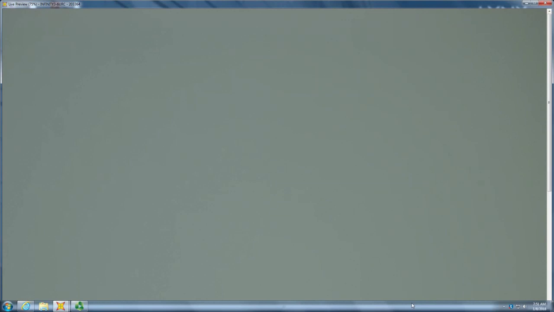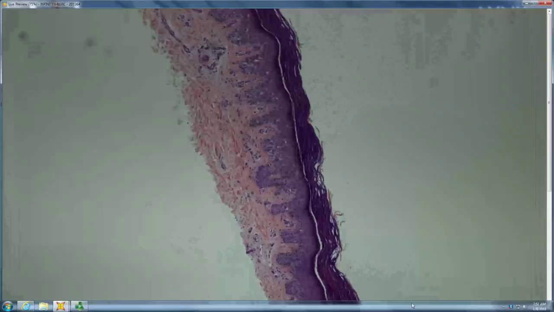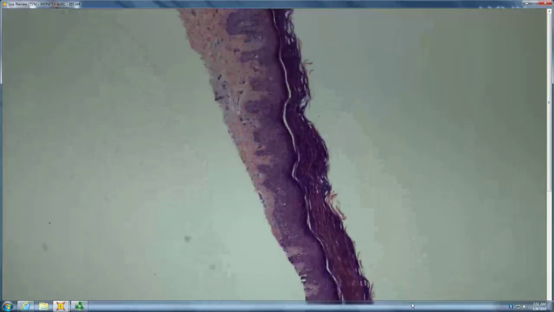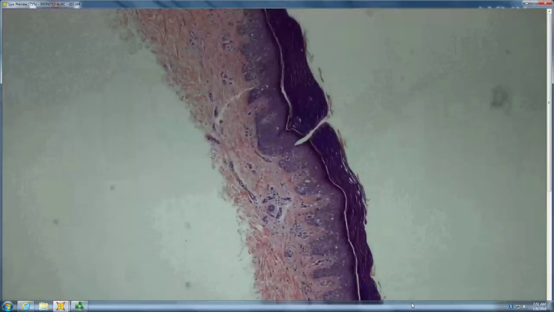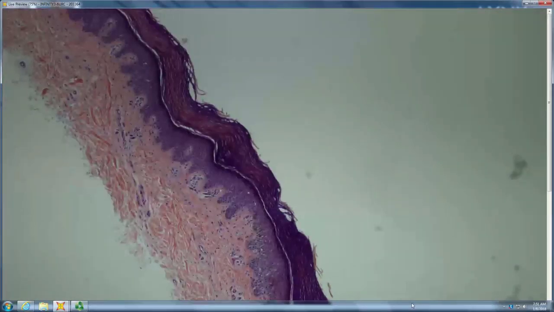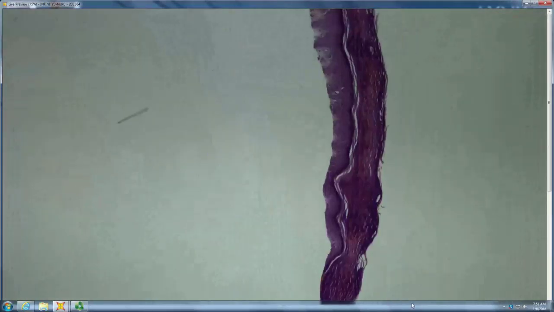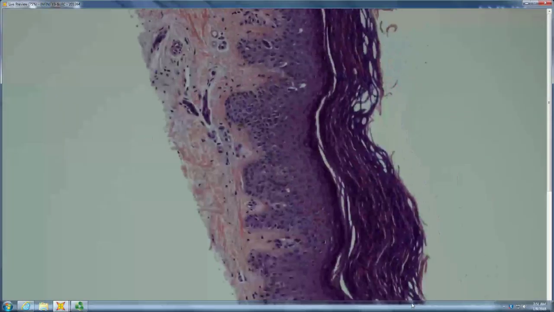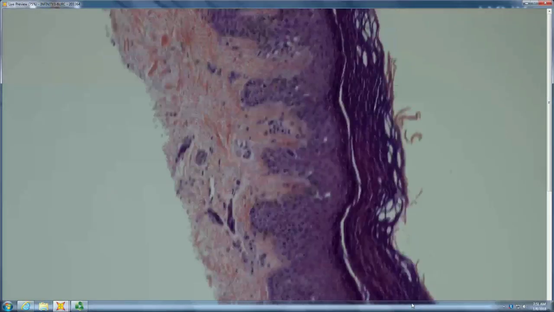Okay, let's see what else we have to do here. All right, pretty thin shave. The stratum corneum's pretty dense. So there's a little bit of spongiosis.